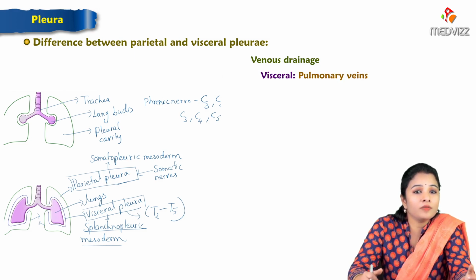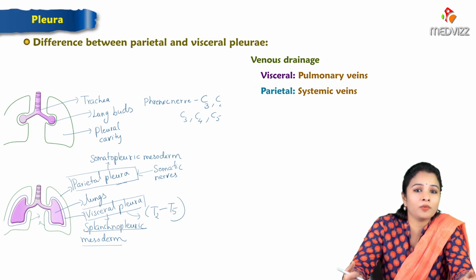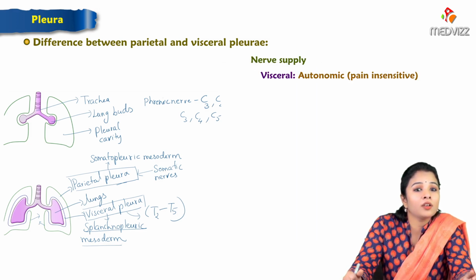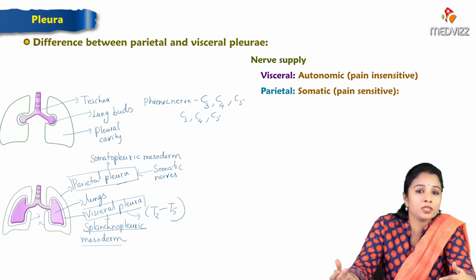Venous drainage of the visceral pleura drains into pulmonary veins along with the lungs, whereas the venous drainage of the parietal pleura drains into systemic veins along with the thoracic wall. The visceral pleura is pain insensitive, so it is supplied by autonomic nerves, whereas the parietal pleura is supplied by somatic nerves and is pain sensitive.